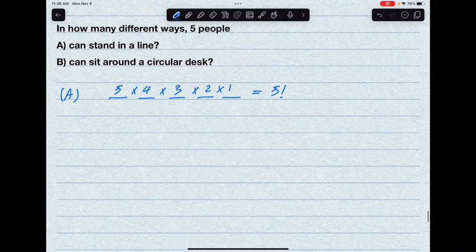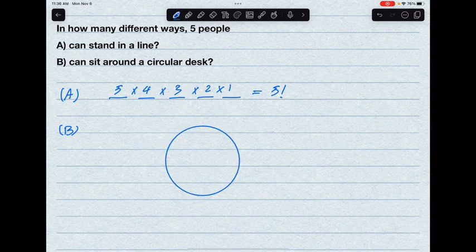Part B, these 5 people, they're going to sit around a circular desk. So what is the difference here? Let's say we have a desk. Now, these 5 people, they're going to sit around the desk.